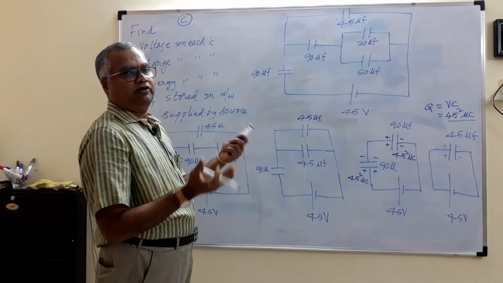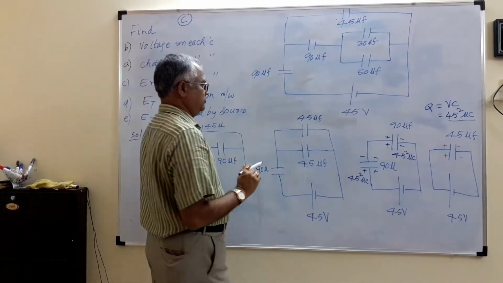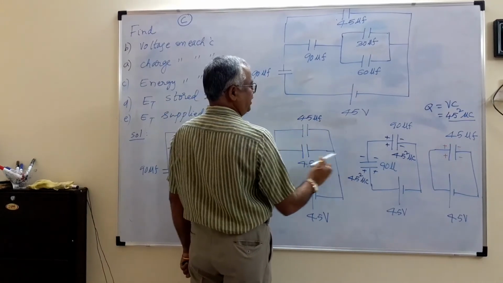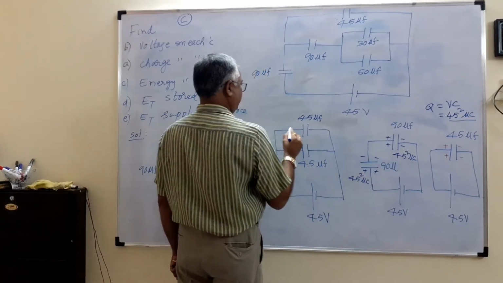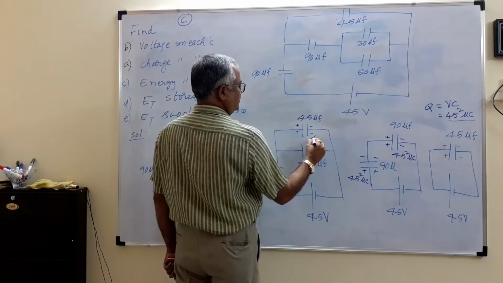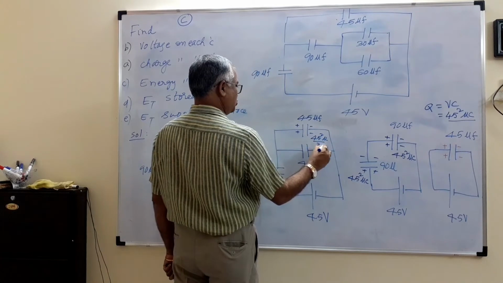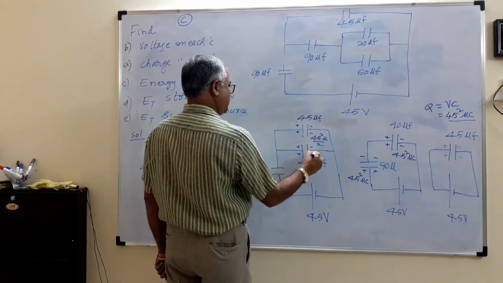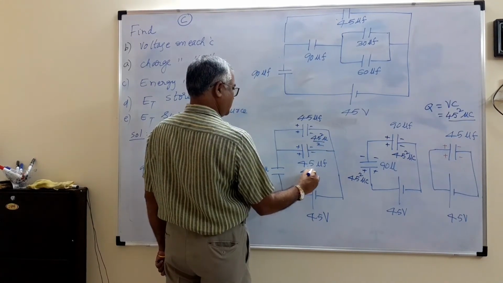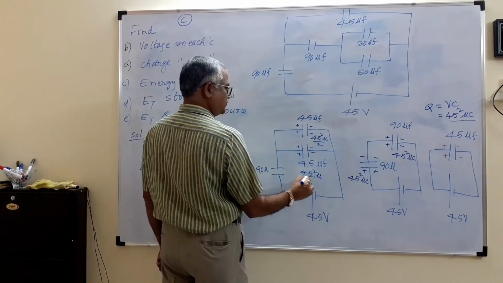When they are equal, equally divide. If they are not equal, you have to find out using the charge division formula. So divide equally. This will become half. So charge in this is 45 square micro by 2. Charge in this also 45 square micro by 2.